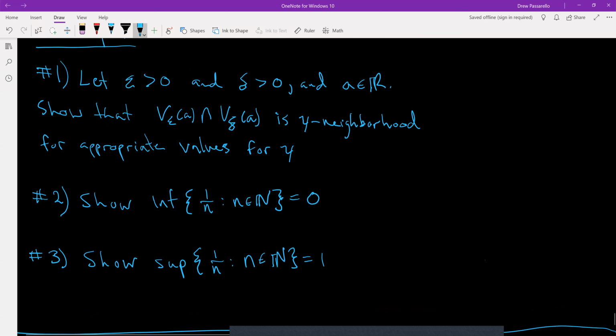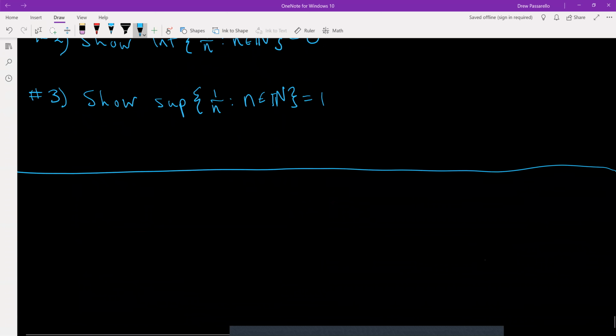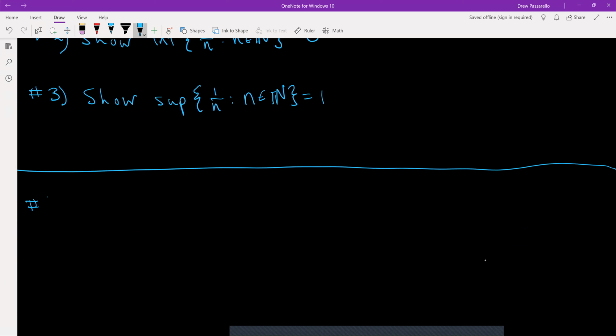Now for number 1. Recall what a neighborhood is. The epsilon neighborhood around a is the set of x in the real numbers such that the absolute value of x minus a is less than epsilon.